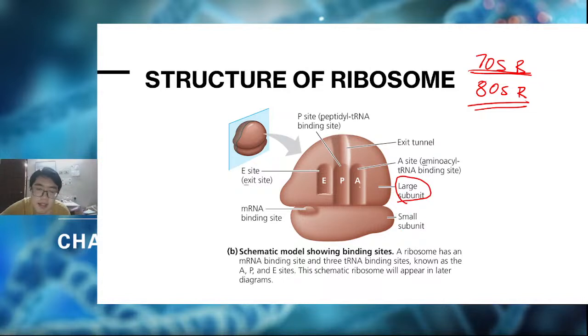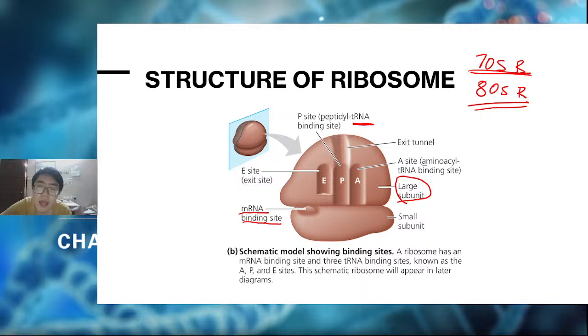The small subunit contains the mRNA binding site. So mRNA will bind at the small subunit, not the large subunit. The large subunit is responsible for tRNA. The small subunit is for mRNA.